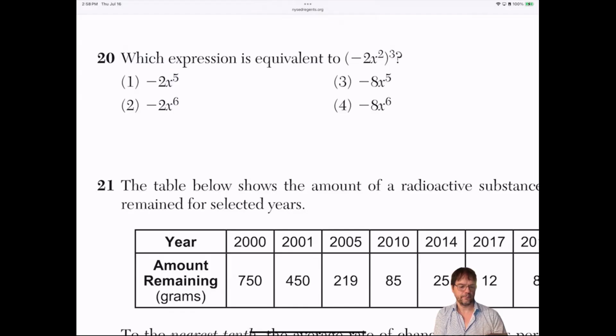I think it's the second option. The second option, Option number 2.